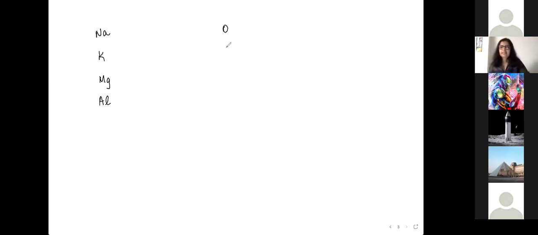There are some more elements like boron, silicon, arsenic, and a few more, selenium also, I think. All of these come under something called metalloids. Metalloids fall between metals and non-metals.